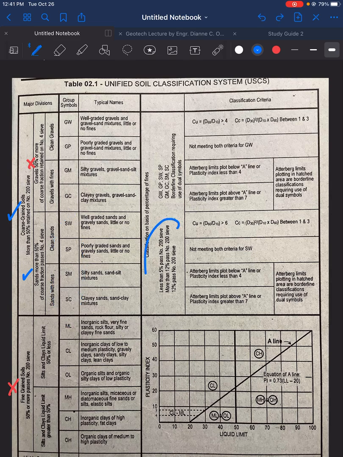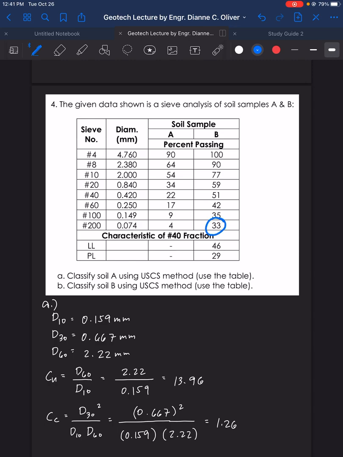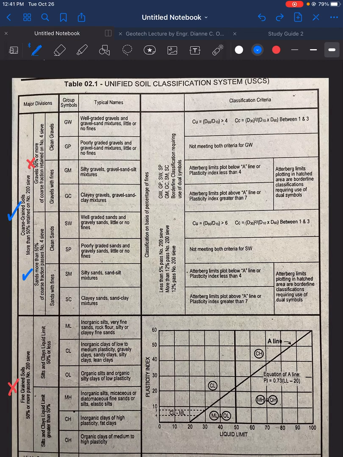So let's go to this portion here. And again, what's on sieve number 200? Sieve number 200 passing is 33%. So less than 5% passing, no. How about this? More than 12% passing number 200, yes.